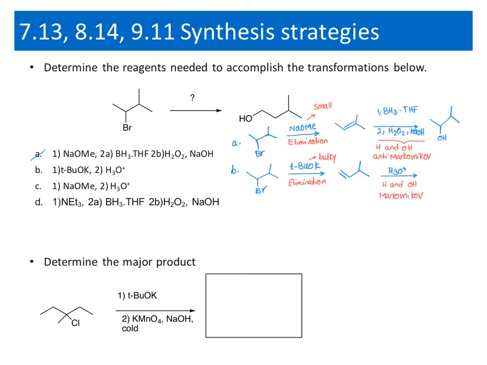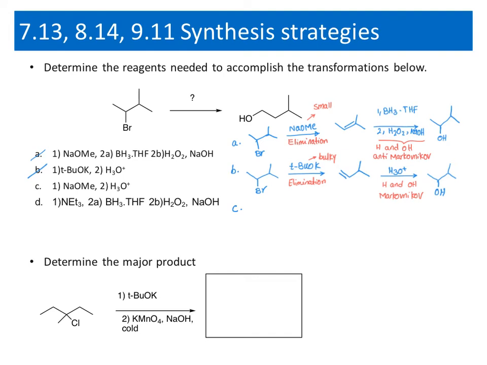Meaning that OH will be added to the more substituted carbon and hydrogen to the less substituted one. So we are going to form again this product, which does not match our desired product. So this one is also out.